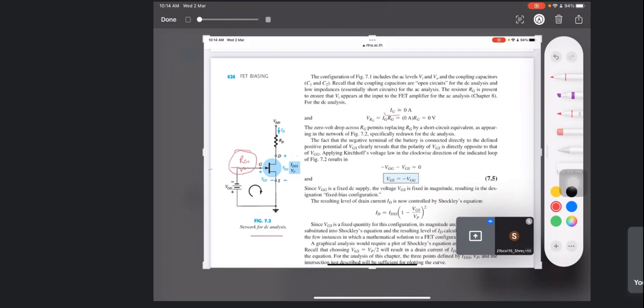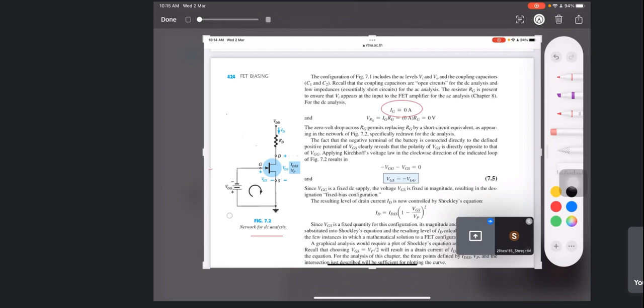The reason is that the gate current here is 0, so IG times RG is equal to 0. That means it is a short circuit, since voltage is 0. So there is no need of this one, as IG is 0. The circuit is modified like this. Now it is quite simple.